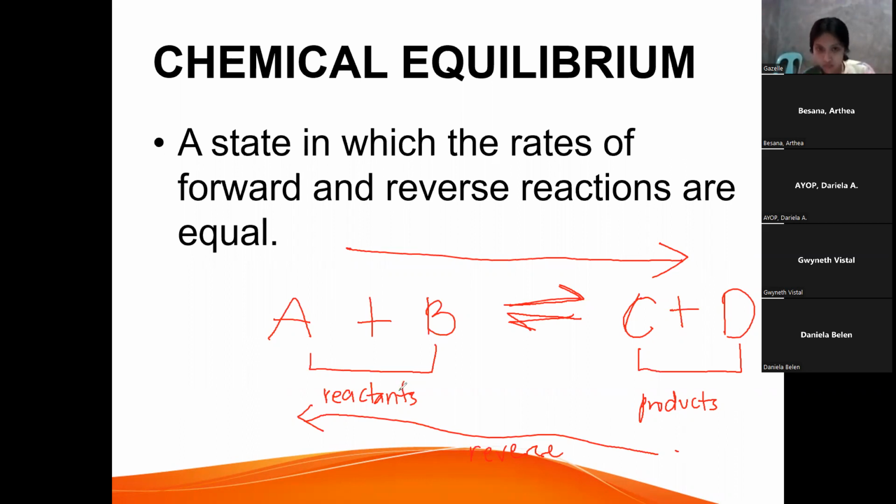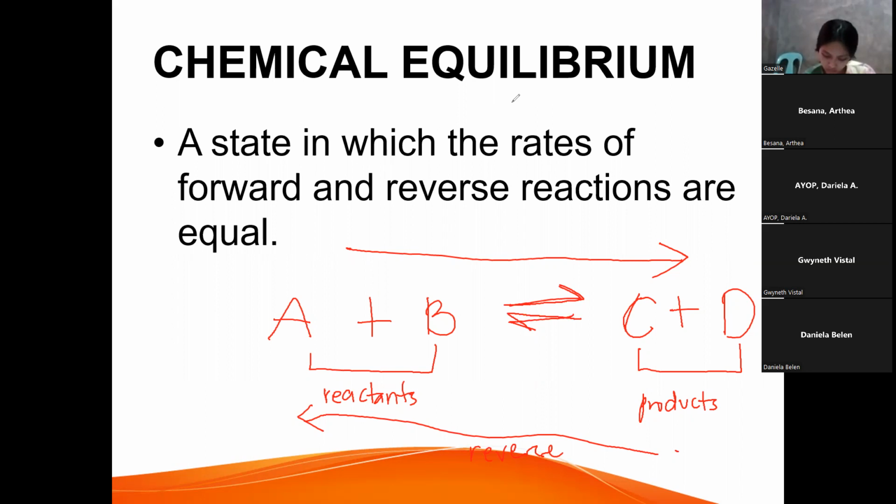Now, when are we going to achieve equilibrium? If the rate, take note, it will be the rate. The rate of the forward and the reverse reactions are equal. So, gaano kabilis yung forward reaction na mag-take place, ganun din dapat kabilis yung reverse reaction na mag-happen.